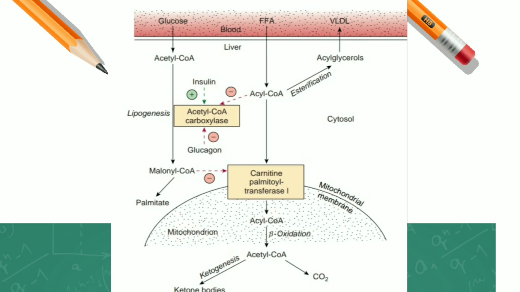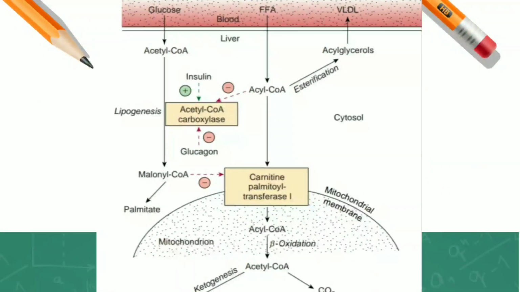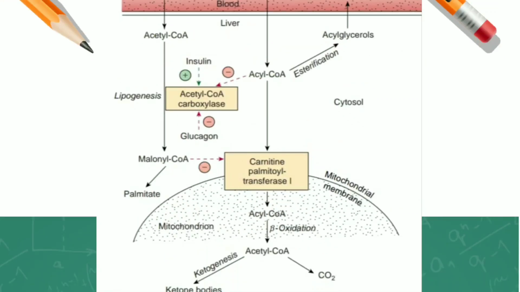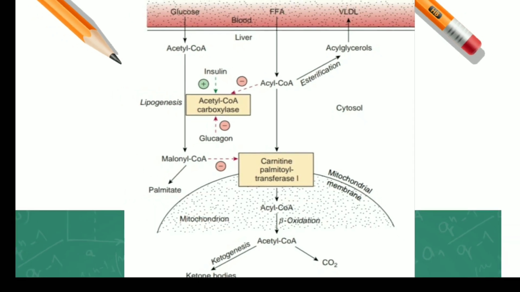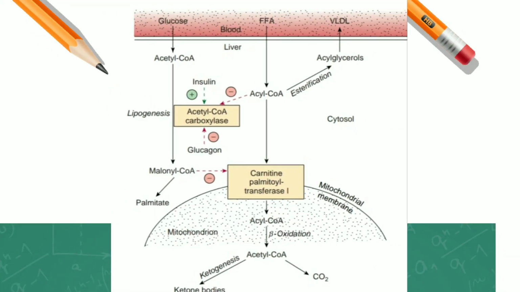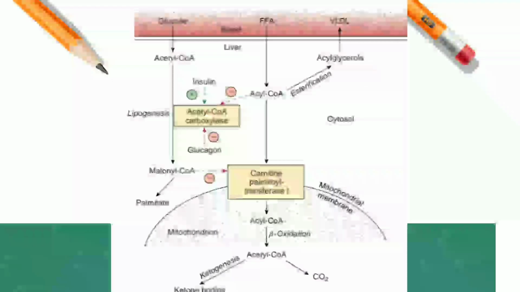So the malonyl CoA is not forming, and its inhibitory effect on CPT1 is withdrawn. So it allows more acyl CoA to be oxidized, and these events are reinforced in starvation by a decrease in insulin and an increase in glucagon, that is, a decreased insulin glucagon ratio.